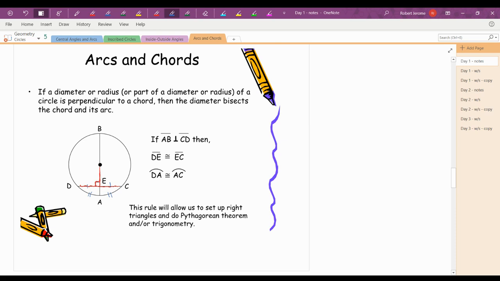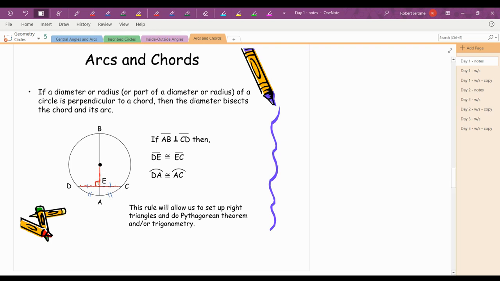So if we have, for example, diameter BA perpendicular to chord DC, well then we bisected the chord and we bisected its arc.